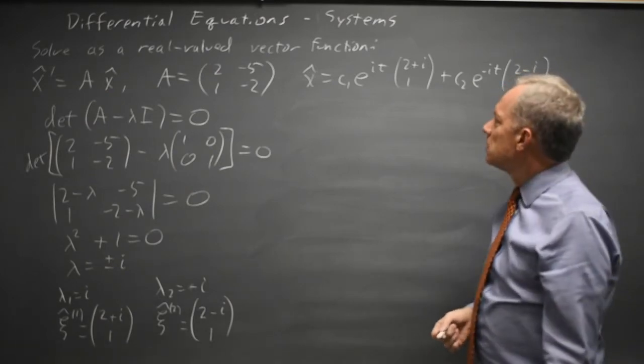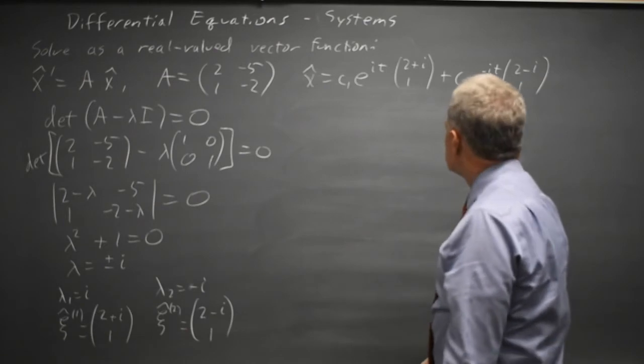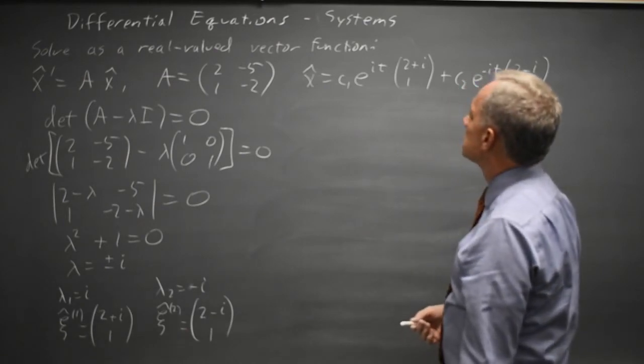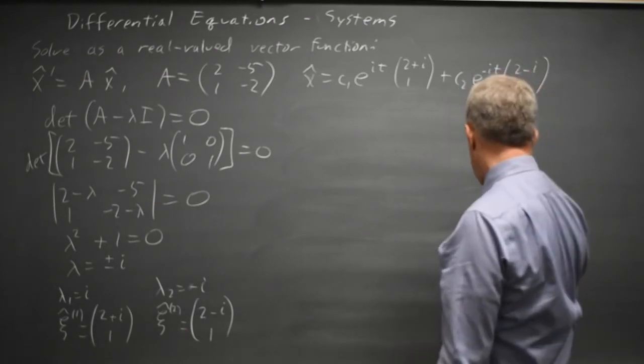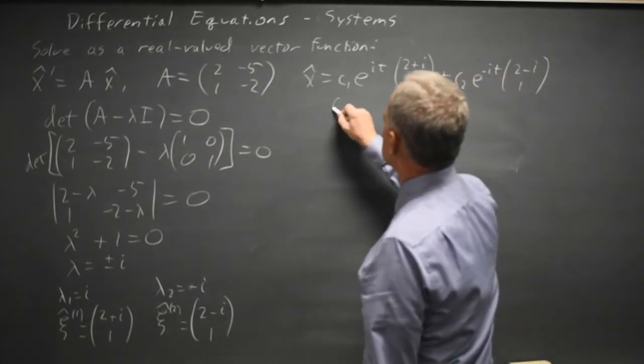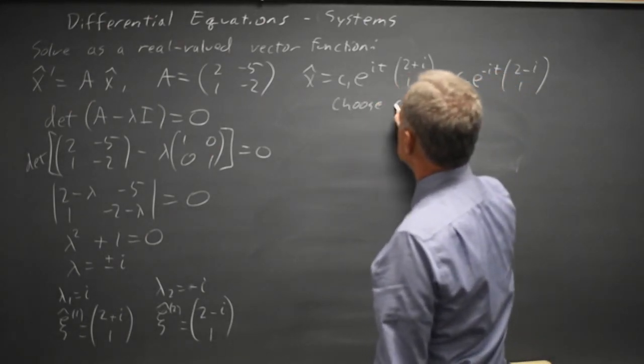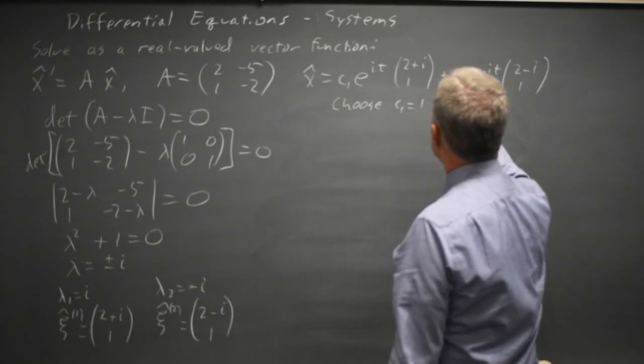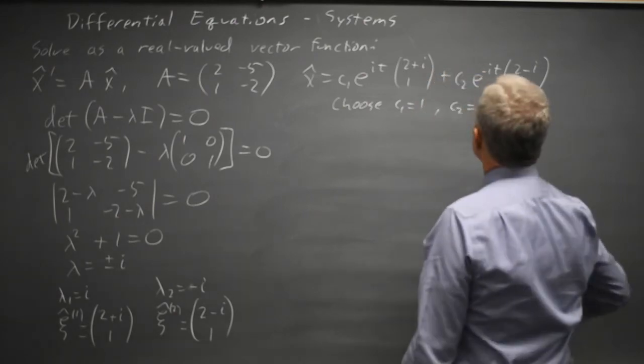Rather ugly. I'm going to just choose C1 equals 1 and C2 equals 0 to make this easier to work with.